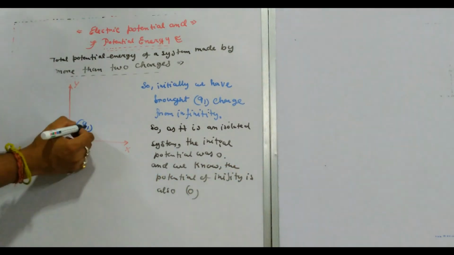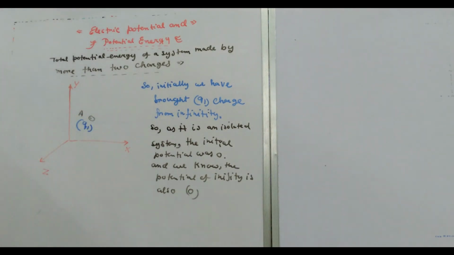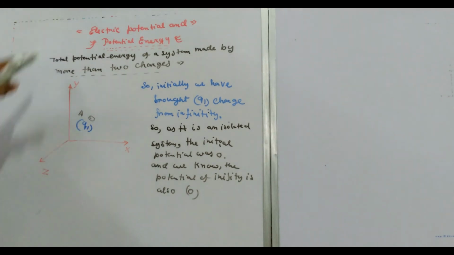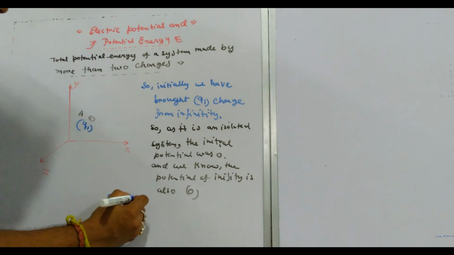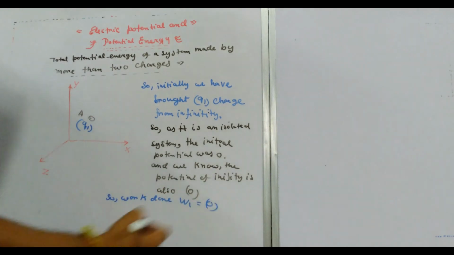Clear? So to bring the q1 charge from infinity to this point A, in an isolated system, there will be no requirement for performing work. So work done, that is W1, must be 0.